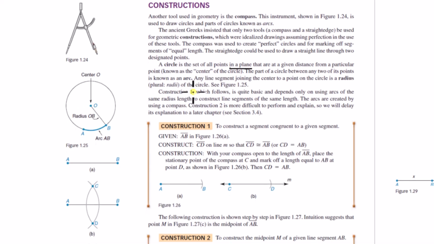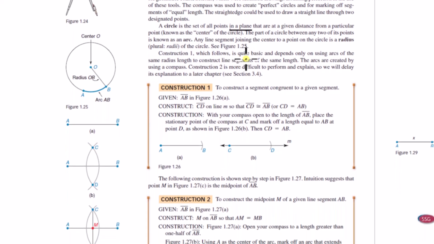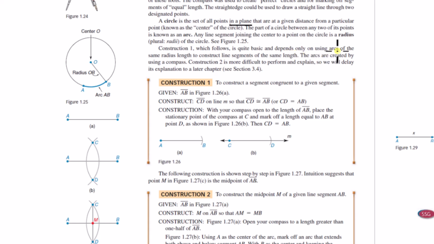Okay, construction 1, which follows, is quite basic and depends only on using arcs of the same radius length to connect line segments of the same length. The arcs are created by using a compass. Construction 2 is more difficult to perform and explain, so we will delay its explanation to a later chapter. Okay, so let's see.